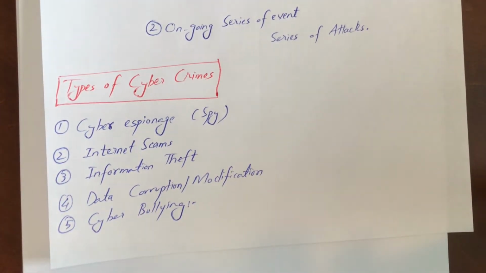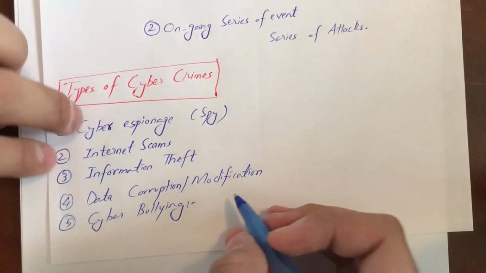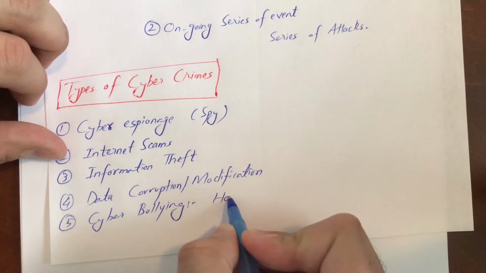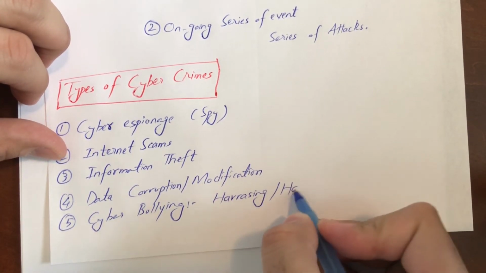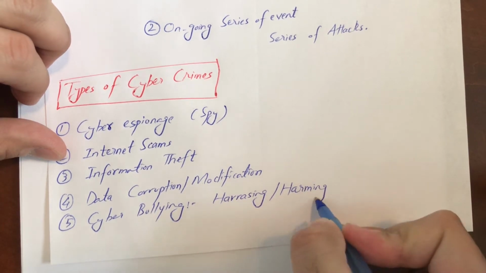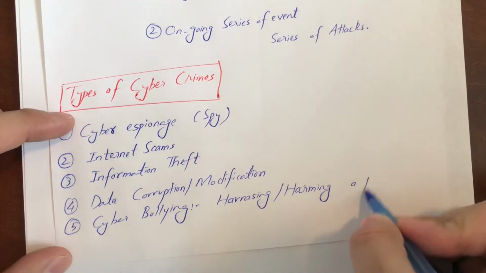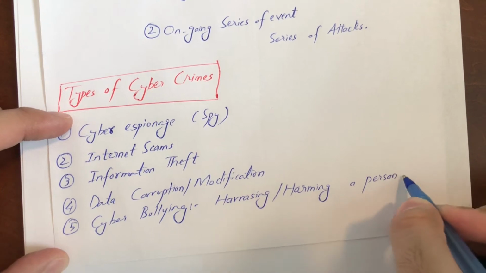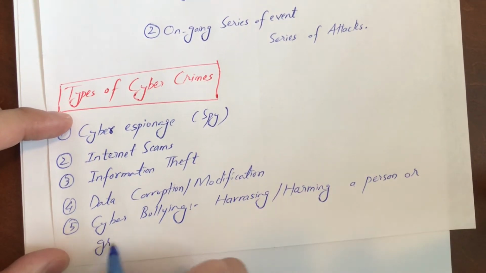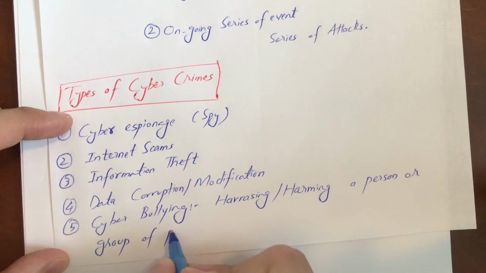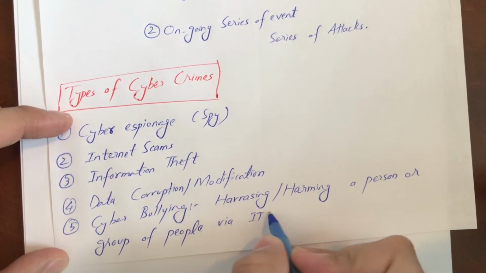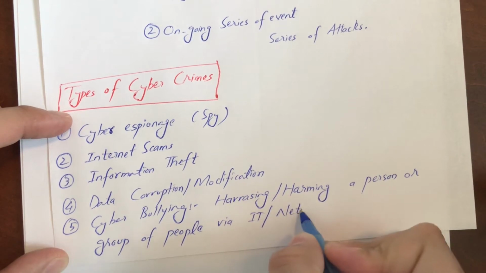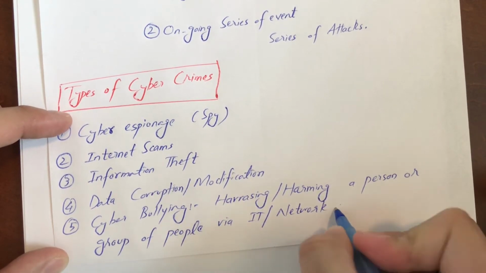Now, cyberbullying is basically harassing or harming people via IT or with a computer. So harassing or harming a person or group of people via IT or networks is called cyberbullying.